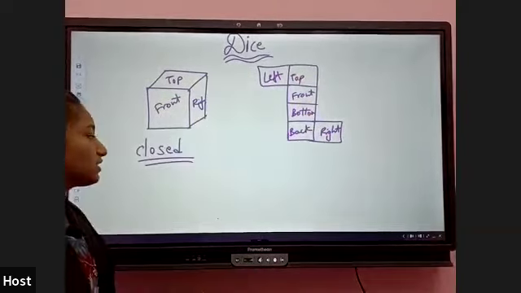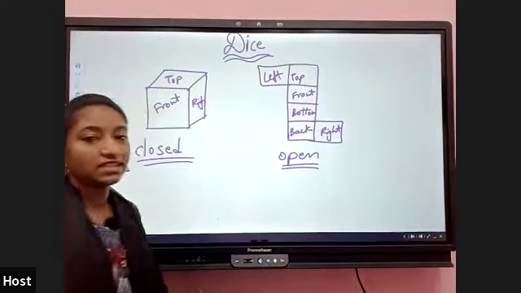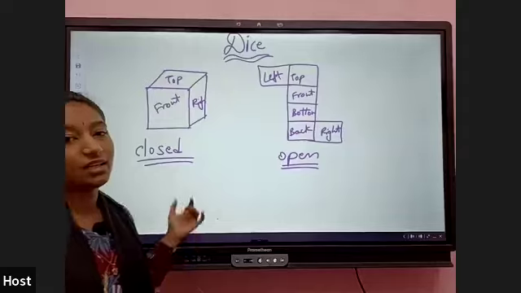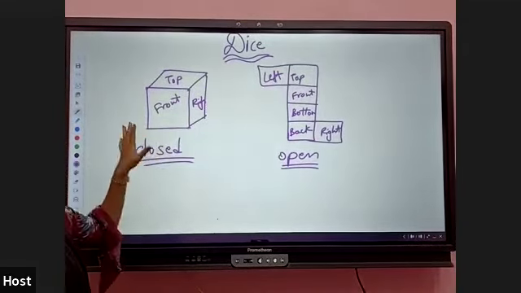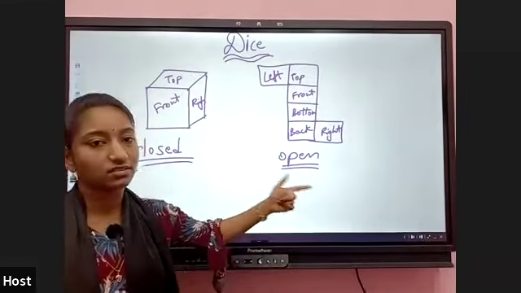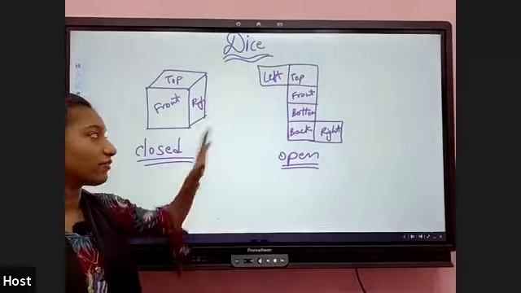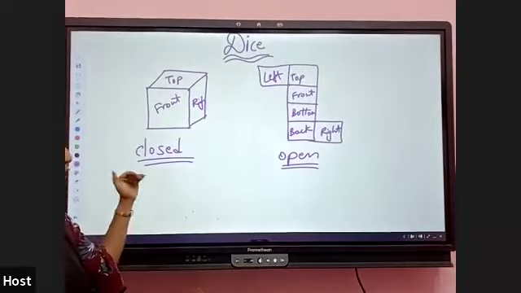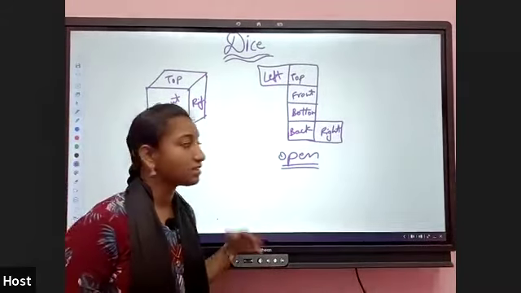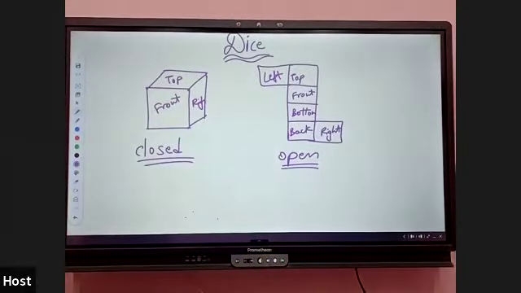The closed dice will look like this, and the open dice will look like this. Open dice is when we open the dice, and all faces can be seen clearly. In closed dice, we can see only 3 faces, but in open dice, we can see all 6 faces of the dice.